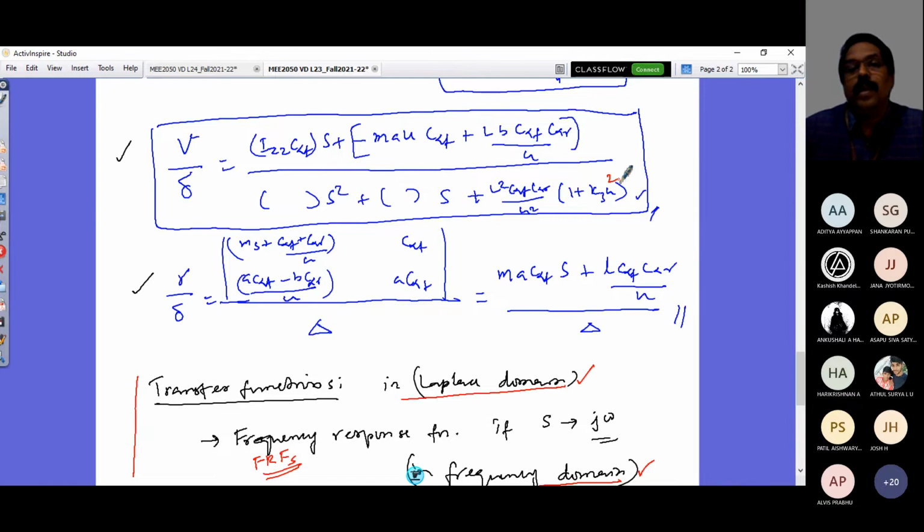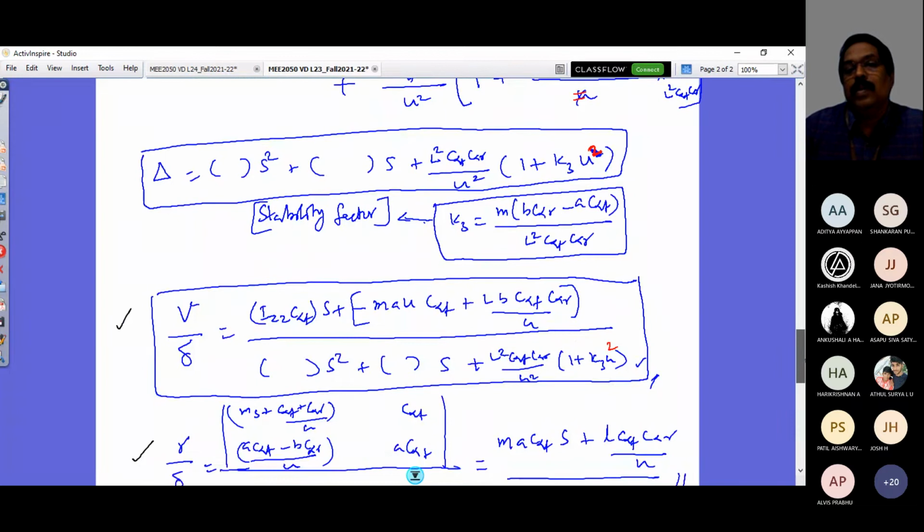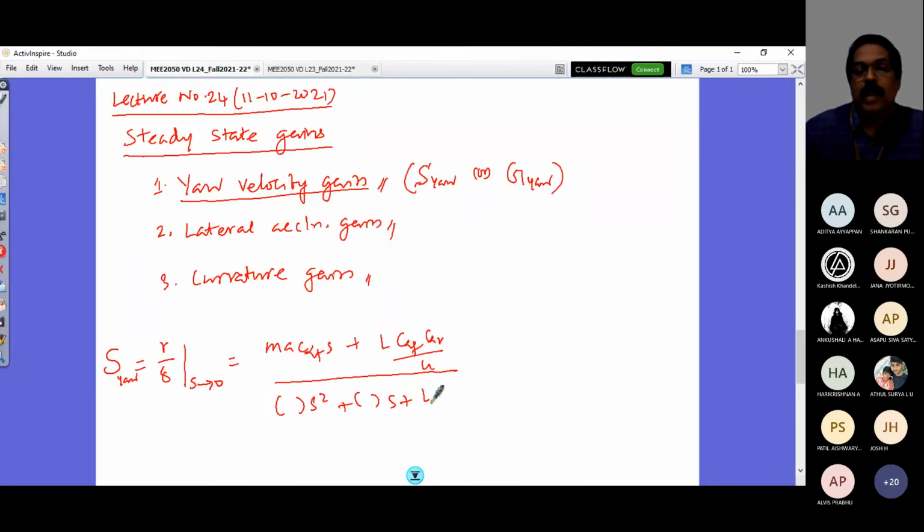This is right. That's what I was telling you to correct here. So if we do so, it's going to be L squared C alpha F C alpha R by U squared into... what was that equation?